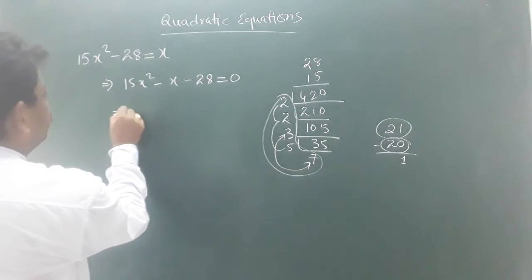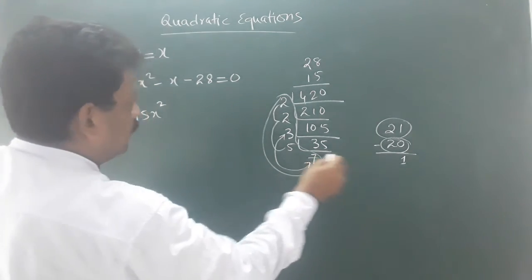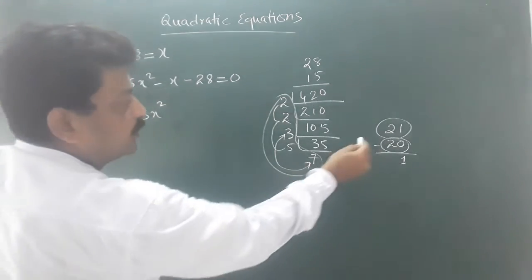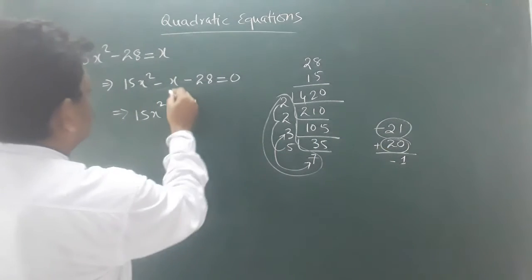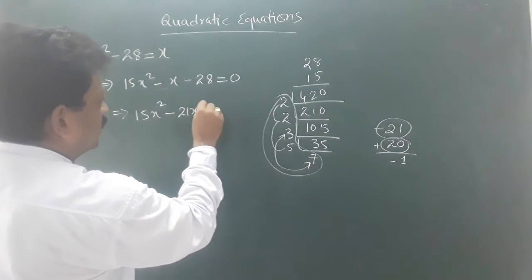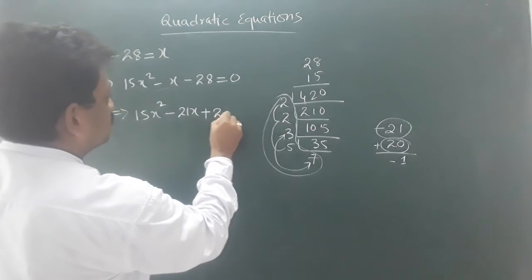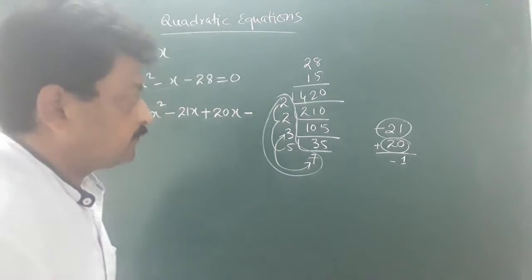So it will become 15x square. Since it is minus, the bigger one will be minus and the smaller one will be plus. So it is minus 21x plus 20x minus 28.